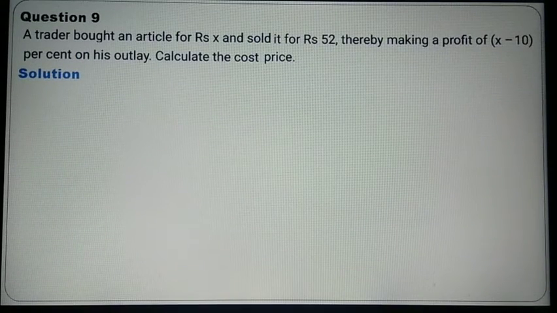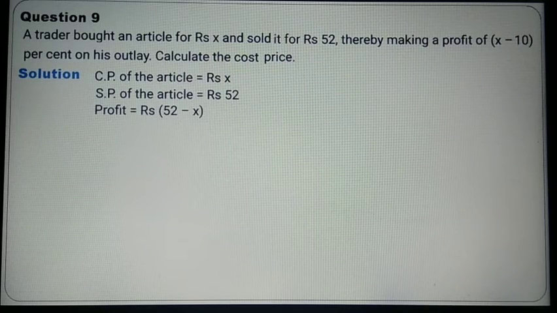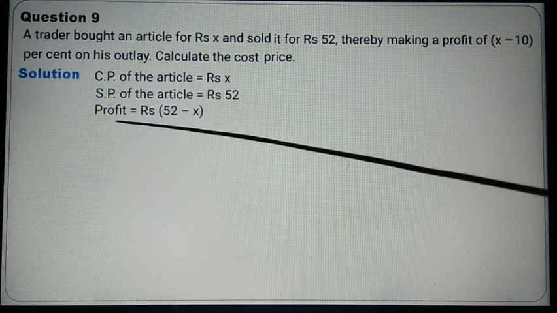In the next one, a trader bought an article for rupees X. So bought means it is cost price. So CP is given to be X, and sold it for rupees 52. So CP is X, SP is 52. But this time we are having a profit, and we calculate profit using SP minus CP. So SP is 52 and CP is X, so 52 minus X gives me the profit.